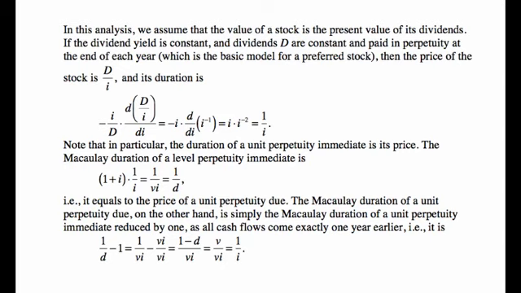This in fact implies that if the dividend is 1, then the duration of such a unit perpetuity immediate is its price. The Macaulay duration of a level perpetuity immediate is 1 plus i times 1 over i, so it's 1 over d. And it equals the price of a unit perpetuity due. The Macaulay duration of a unit perpetuity due, on the other hand, is simply the Macaulay duration of a unit perpetuity immediate reduced by 1, because all the cash flows come exactly 1 year earlier, and that works out to be 1 over i, as you can see here.